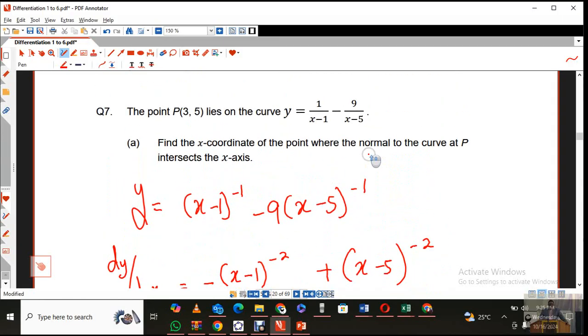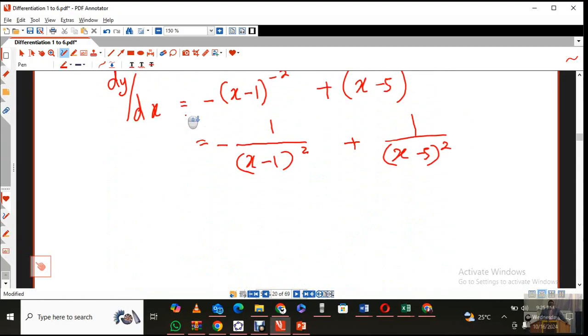Now, what is our point? Our point P is the point (3, 5). So we're going to take the x value of that, and we are going to substitute into the derivative function when x equals 3.